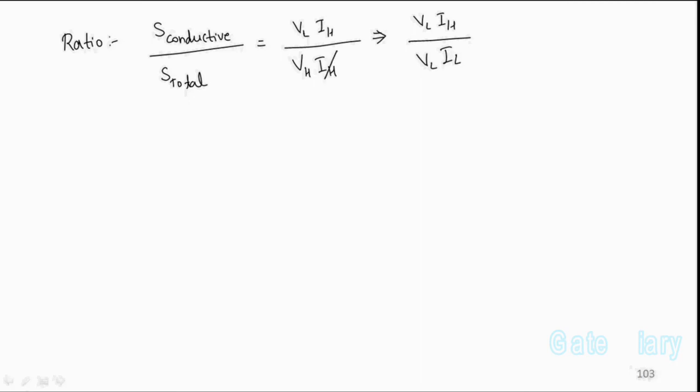So IH cancels out, and you get VH by VL, which is A auto, and this is equal to IH by IL. This is also 1 by A auto.